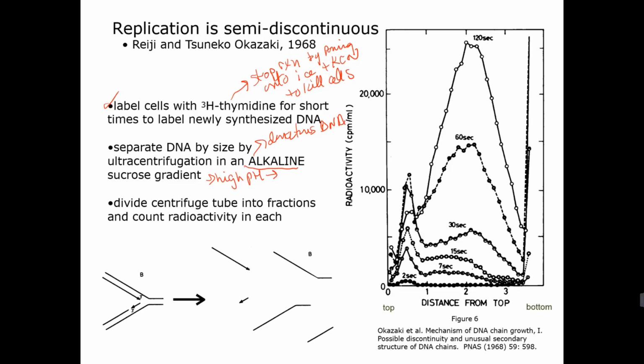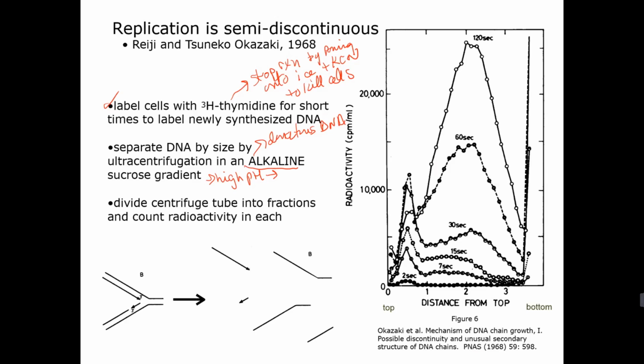Can you think? In all honesty, it really has to do with the hydrogen bonding, because at the high pH you get protonation and deprotonation of the bases, and that would disrupt the hydrogen bonding. So, at any rate, the goal here is to separate the two strands.